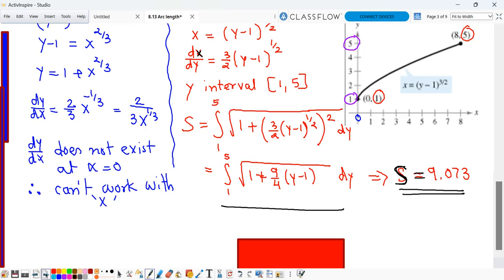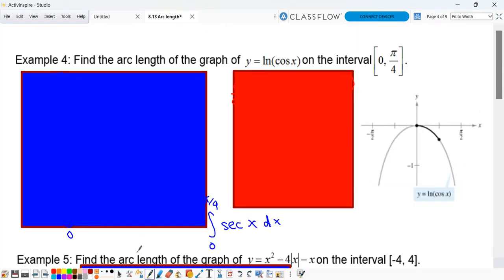Let's practice with one more on the other side. Okay, so arc length of y equals ln of cosine x on the interval 0 to pi over 4. Now remember, cosine 0 is 1. ln 1 is a 0. So the function is continuous and differentiable.